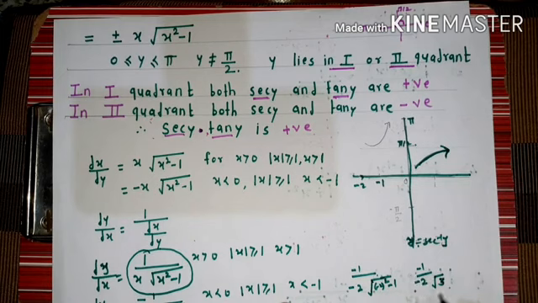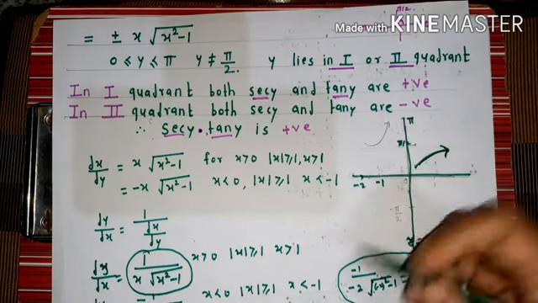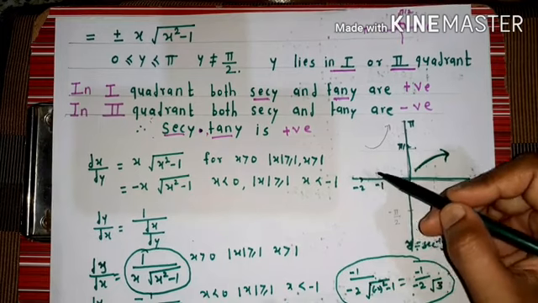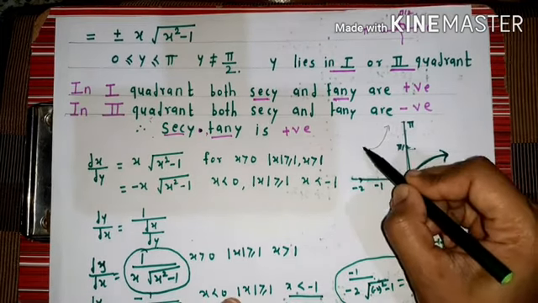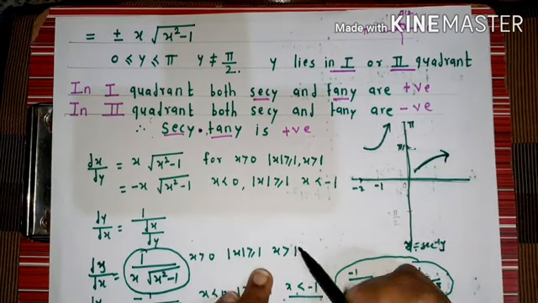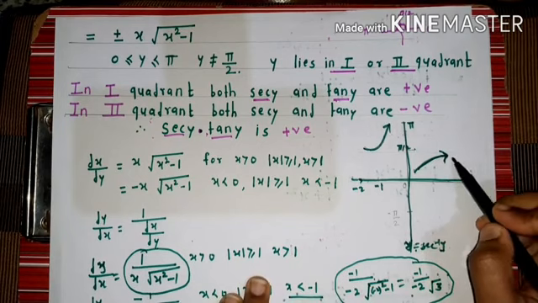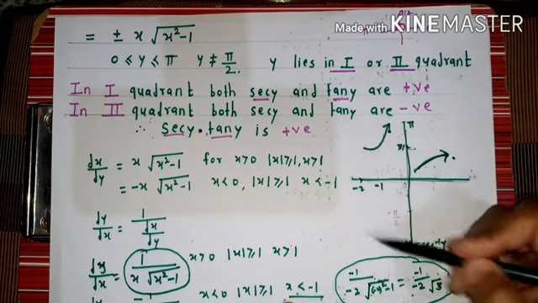Here minus becomes positive, which means the graph in the case x less than minus 1 is also an increasing function. In the first case the graph is increasing, in the second case also the graph is increasing.